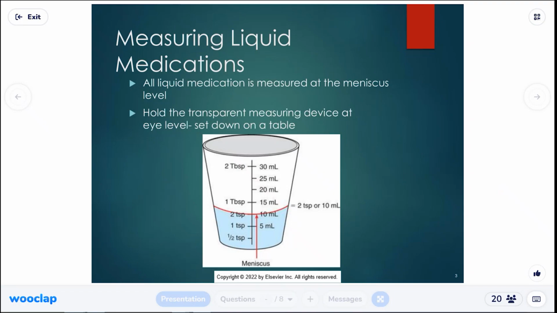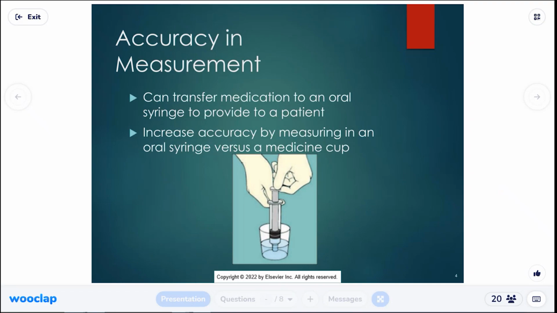Do you guys remember? Especially if you didn't have it, what if you had to give 7.5 milliliters? You put it in a syringe. So we make oral syringes. I don't have any here, but the only difference is they're the same size as all the other syringes, they just come with a little slip tip on the end, a tip designed to go into liquid and draw it up.